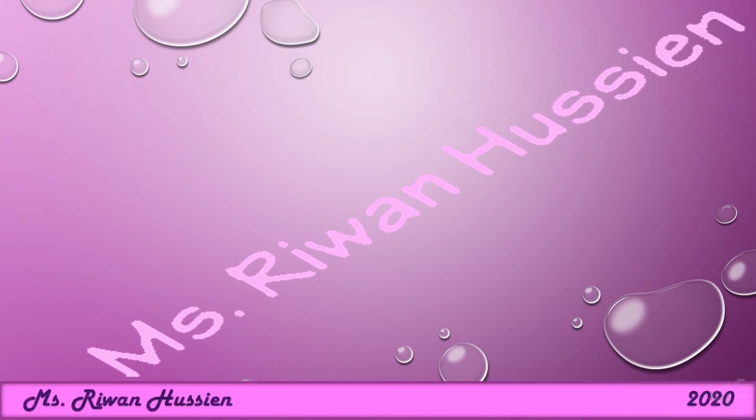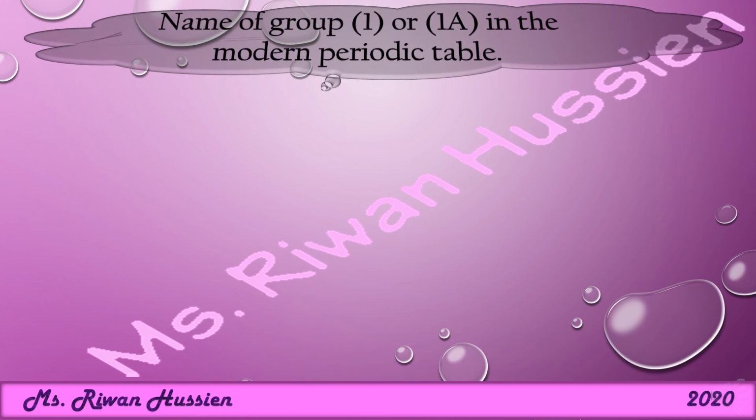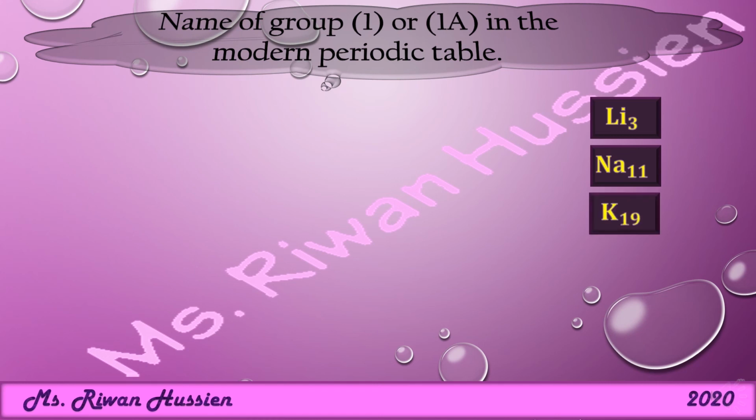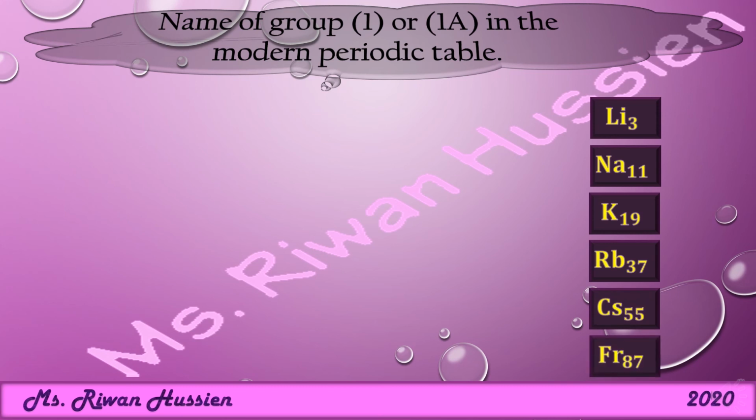Moving to the name of Group 1 or Group 1A in the modern periodic table. As you can see, elements of Group 1A are lithium 3, sodium 11, potassium 19, rubidium 37, cesium 55, and francium 87.